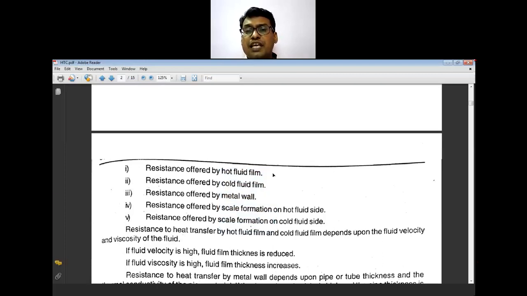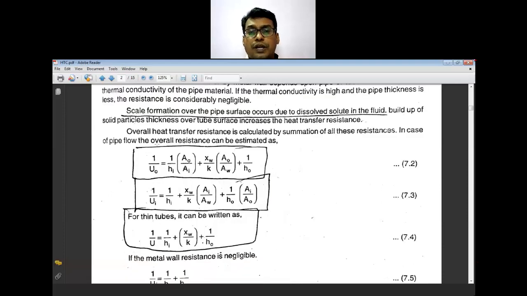First we will consider only three resistances: the hot fluid film, cold fluid film, and the metal wall resistance. This is the first, X upon K, because of the metal wall resistance. HI is the inside heat transfer coefficient. HO is the outside heat transfer coefficient.